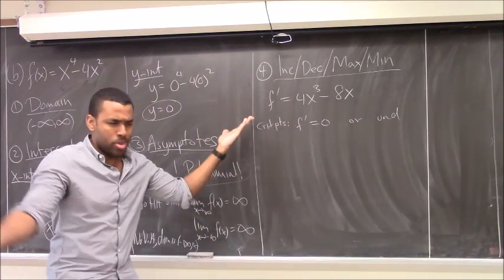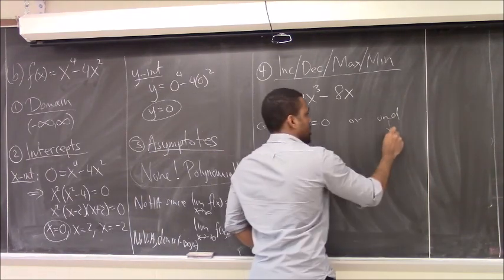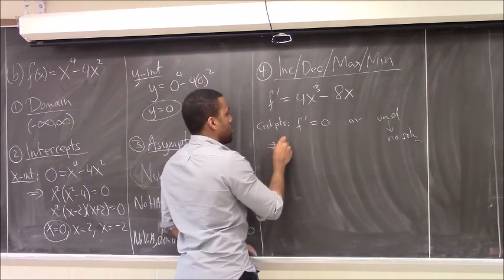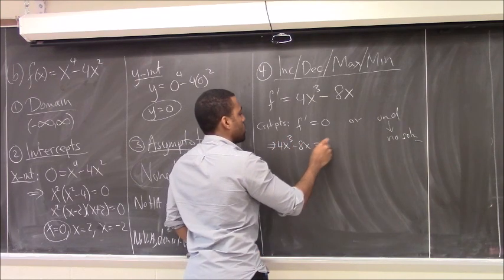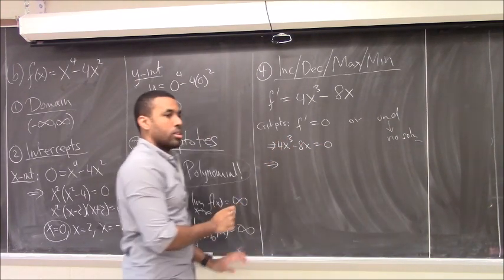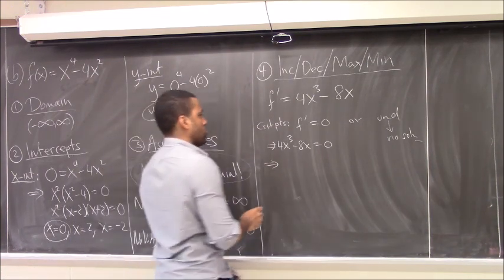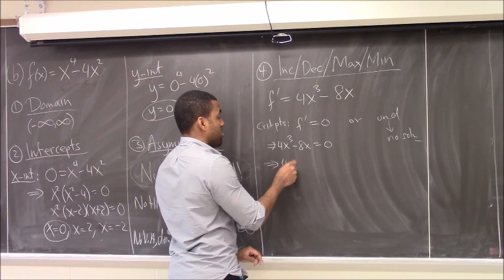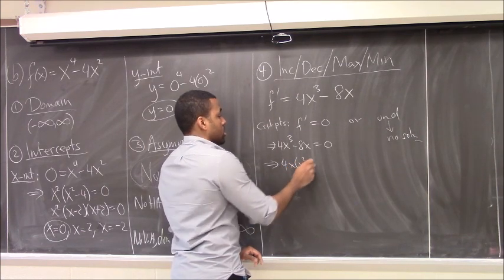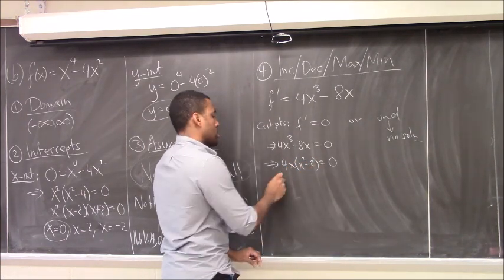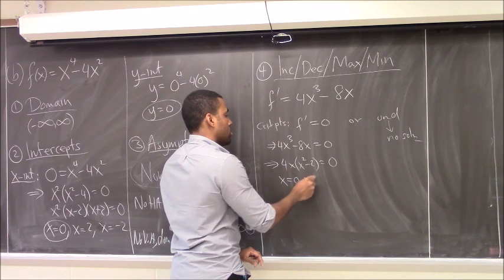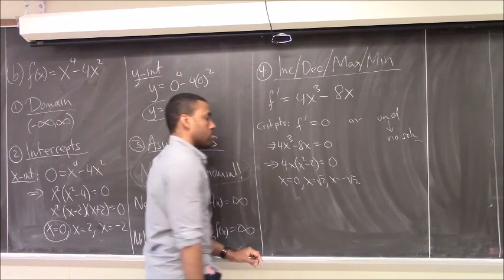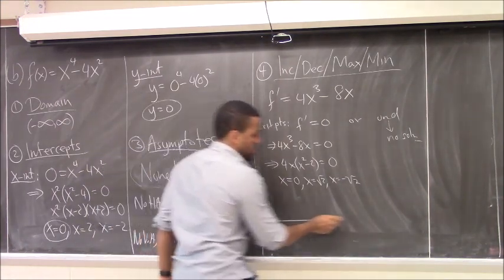Again, for a polynomial, f prime is never going to be undefined, so there's no solution there. Here we're going to have 4x cubed minus 8x equals 0. How do I solve that? I can factor out a 4. In fact, I can factor out 4x. So I get x equals 0, x equals radical 2, x equals minus radical 2. So there are three critical points here.